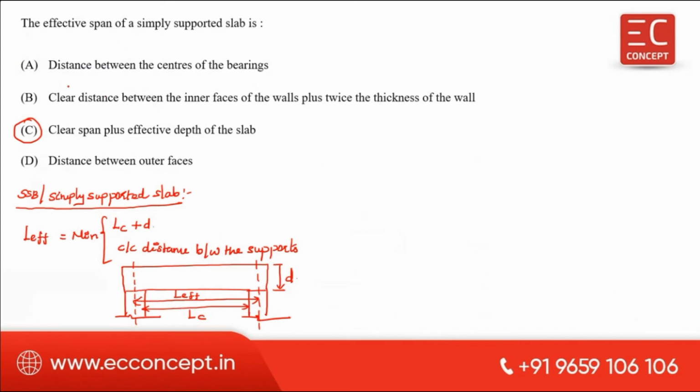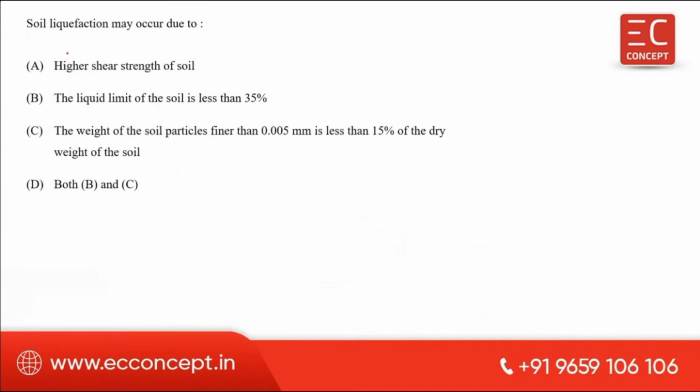Okay, next one. Soil liquefaction may occur due to high shear strength of the soil. No, if the shear strength is high, then the liquefaction does not happen. Okay, now liquid limit of the soil is less than 35%.